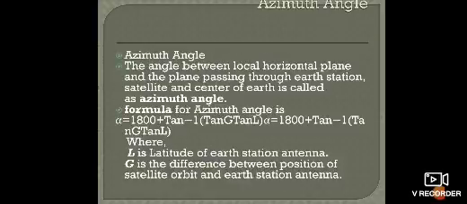So in order to understand this, an azimuth is nothing but the angle between the local horizontal plane and the plane passing through the earth station, satellite and center of the earth. That is called the azimuth angle. The formula for the azimuth angle is given as alpha equals 180 degrees.